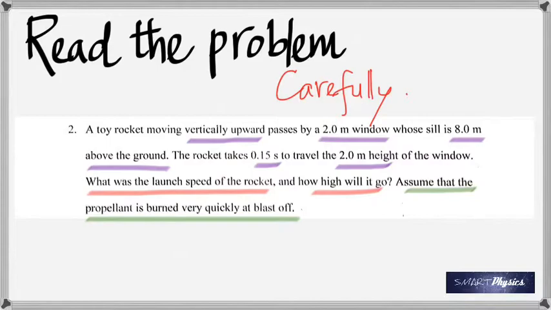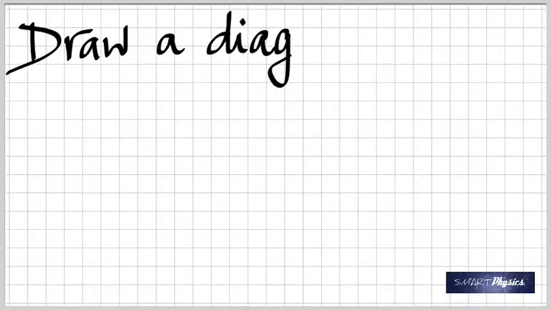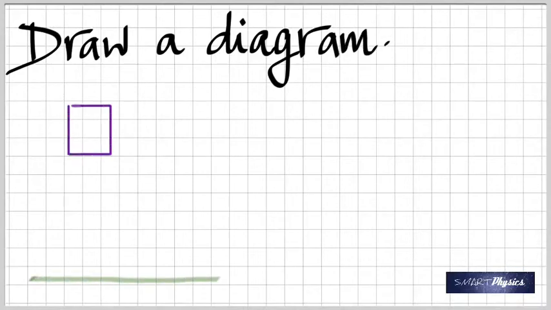So now that you've read the problem, the second step is to draw a diagram. For almost all physics problems, you do have to have a visual representation of what you got from the question after reading it. In this case, that's the ground. This is 8 meters above.